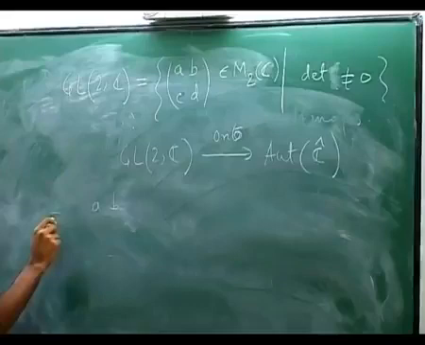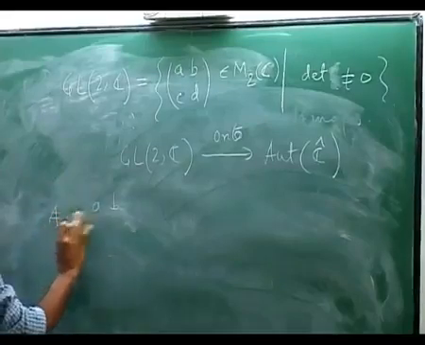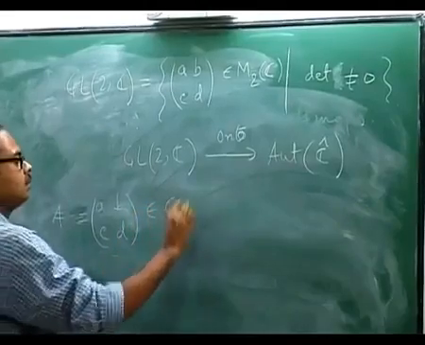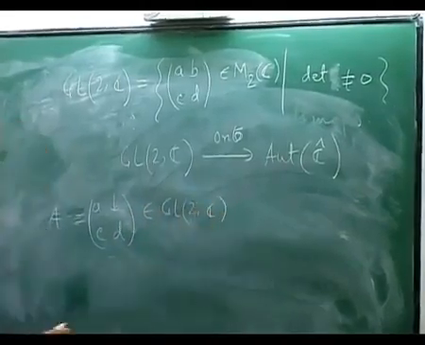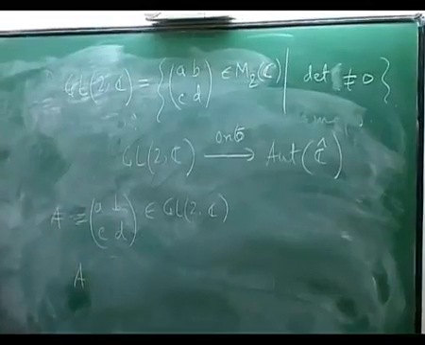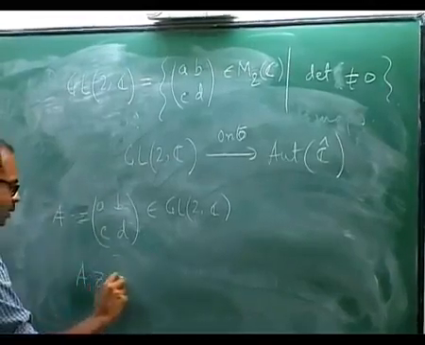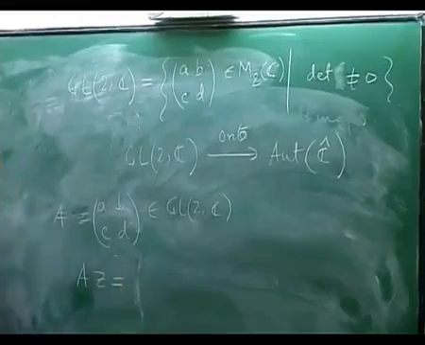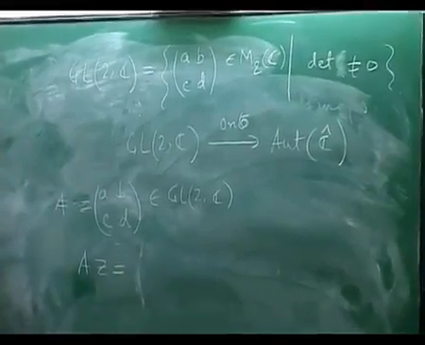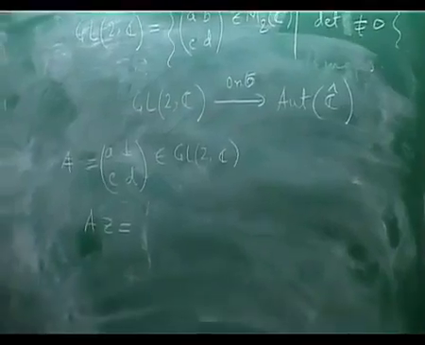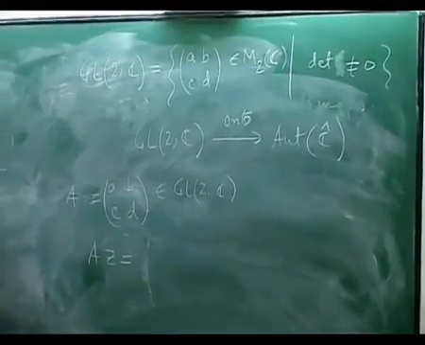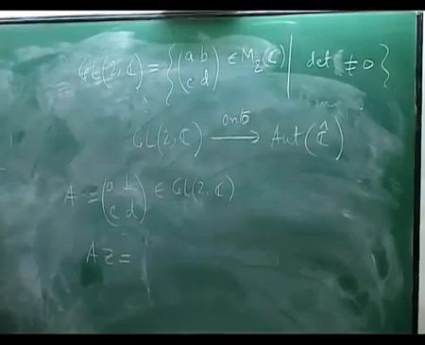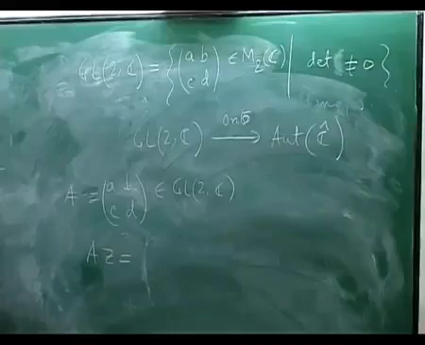So if you take a matrix A, B, C, D in GL2C, then acting on Z, this matrix defines exactly this map. So it's already defined, it just gives exactly this map. So that's how it is defined, and that's the action.